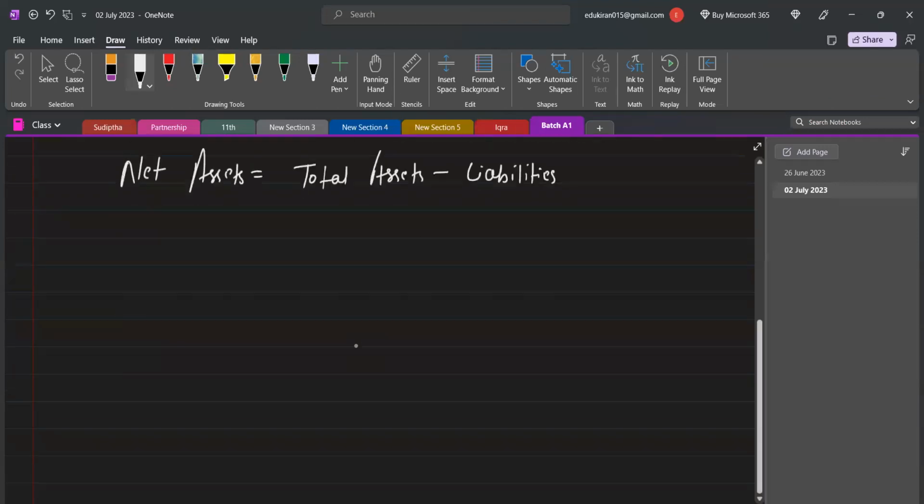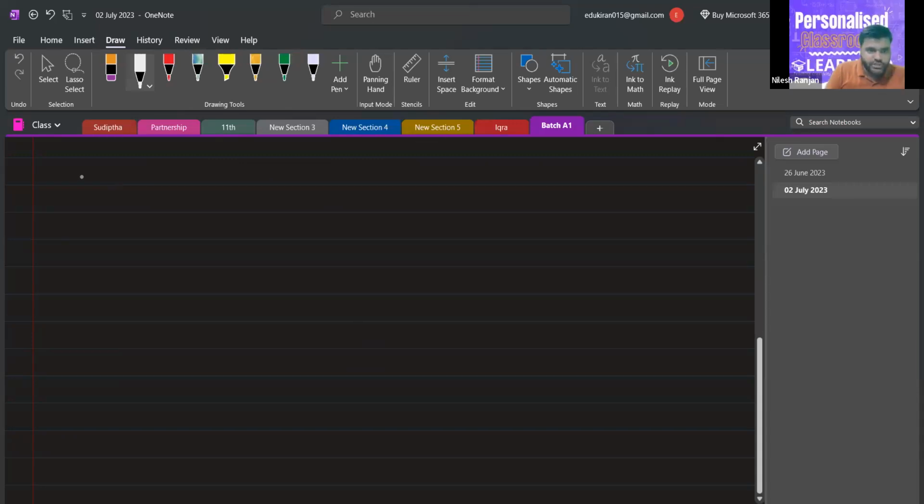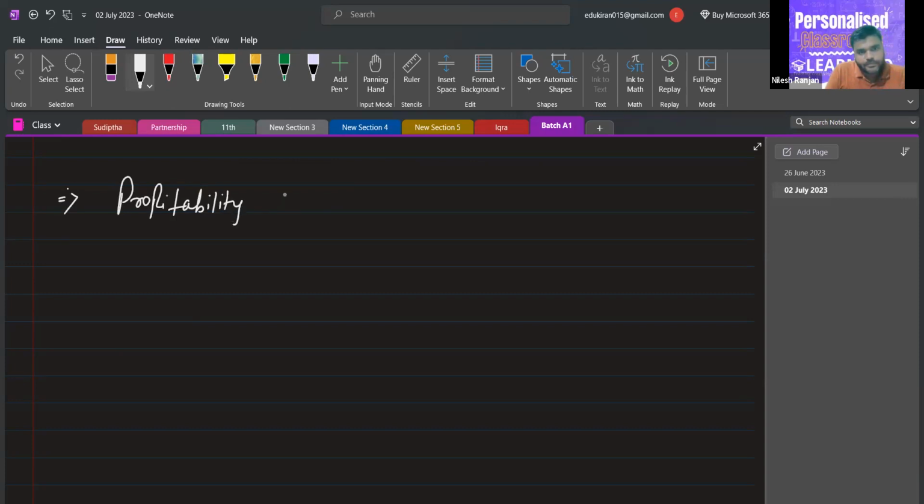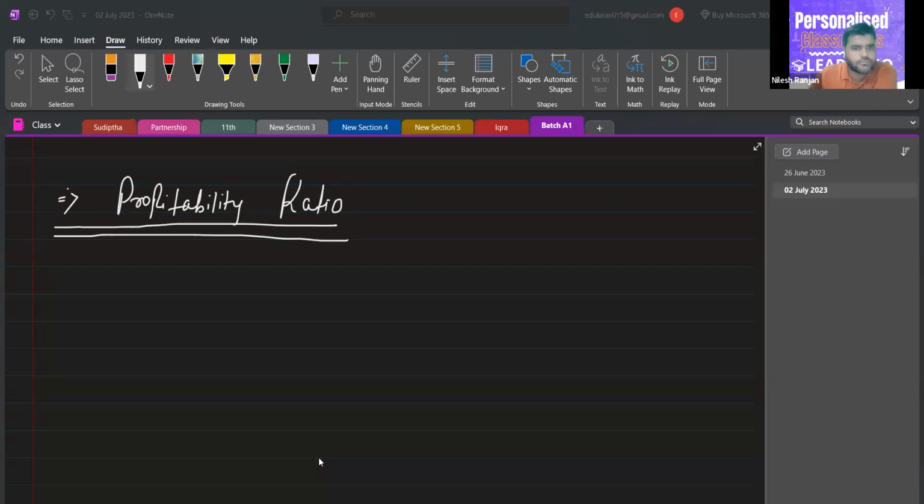Okay. So profitability ratio, the fourth classification of ratio, is profitability ratio. Now, what is profitability ratio? What is profit? Ritika, what is profit?